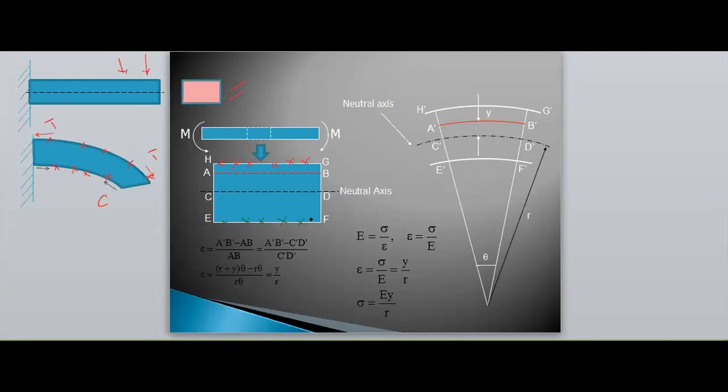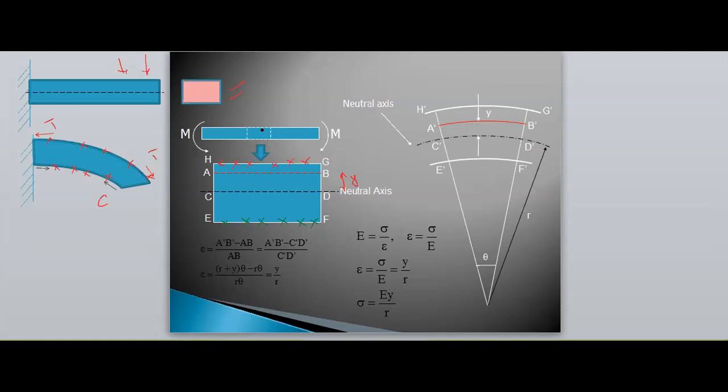The black color is the neutral axis, and I am considering a layer at a distance of y, shown in red, whose length is AB.